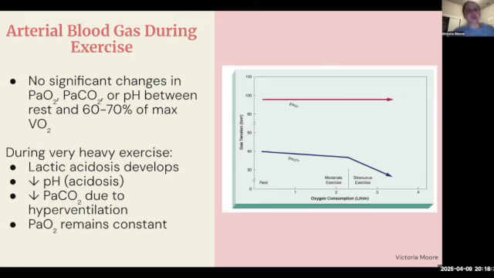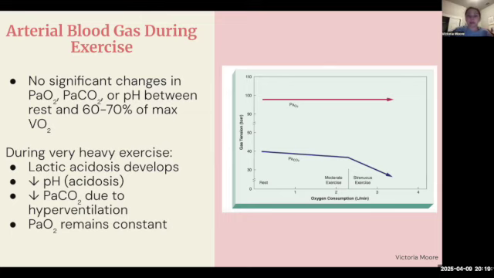So in this instance, we are going to discuss your ABG during exercise. From about 60 to 70% of your maximum oxygen consumption, your body actually does a good job of making sure everything's stable. During this, there are no significant changes in the oxygen level in your arterial blood, which is the PaO2, or the carbon dioxide level in your arterial blood, which is the PaCO2, or your pH, between, like I just said, 60 to 70% of your max oxygen consumption.